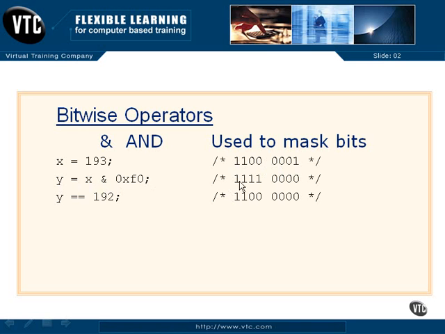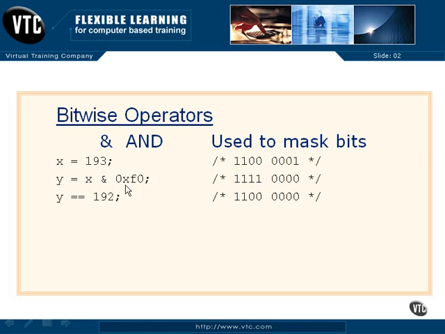This is the value F0, a 1 in all of these high order nibble positions and a 0 in the low order nibble down here. We don't care what the decimal value is. We care what the hexadecimal value is with all these bits turned on, because that's our mask.